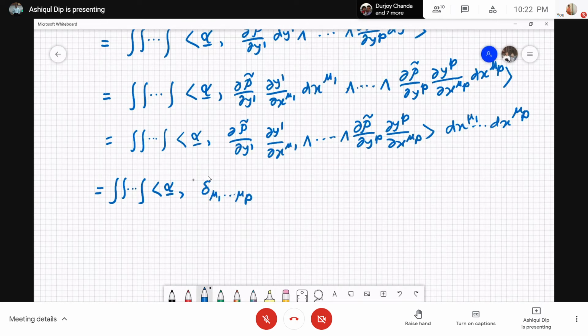So I should have 1 over p factorial, and then I have taken those mu1, mu2 into consideration. The algebra is getting weird. Can we make it simpler?